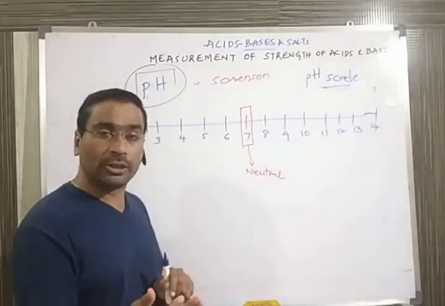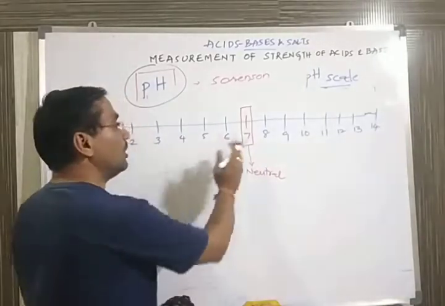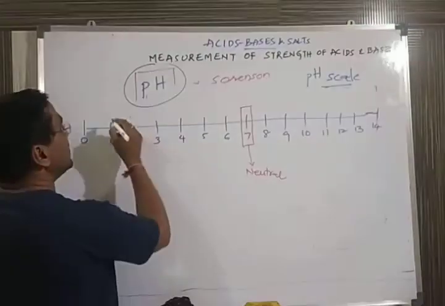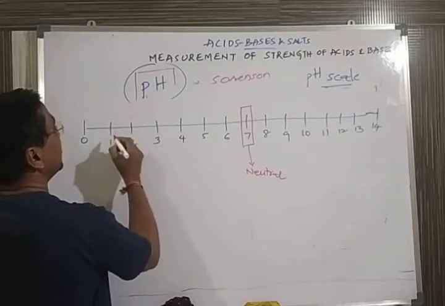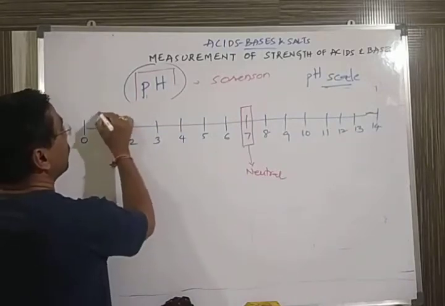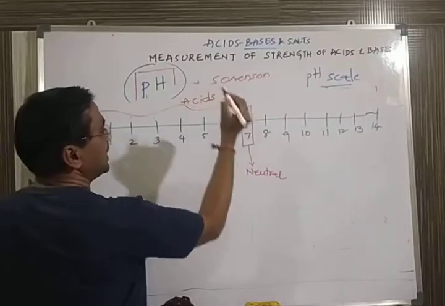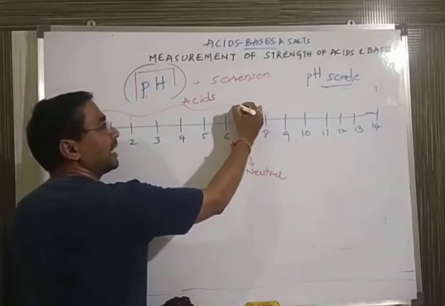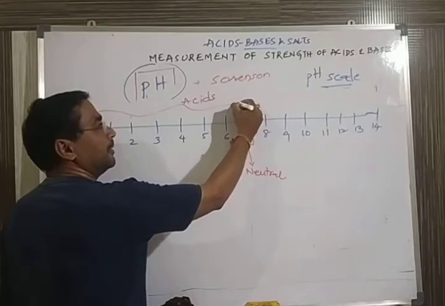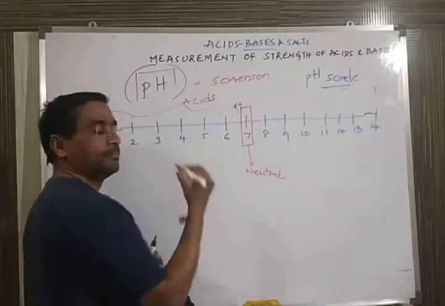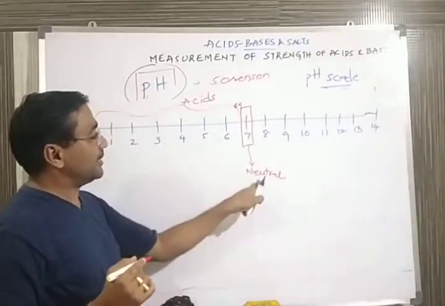Any solution having a value less than 7 is automatically called an acid, up to 6.99, say 0 to 6.9, because 7 is neutral.